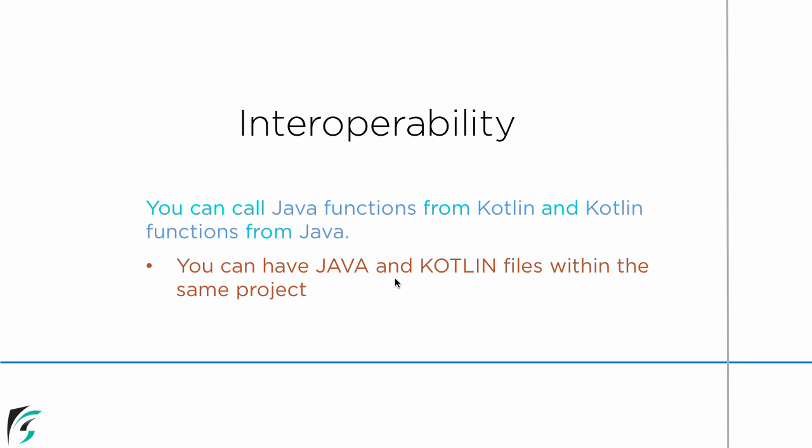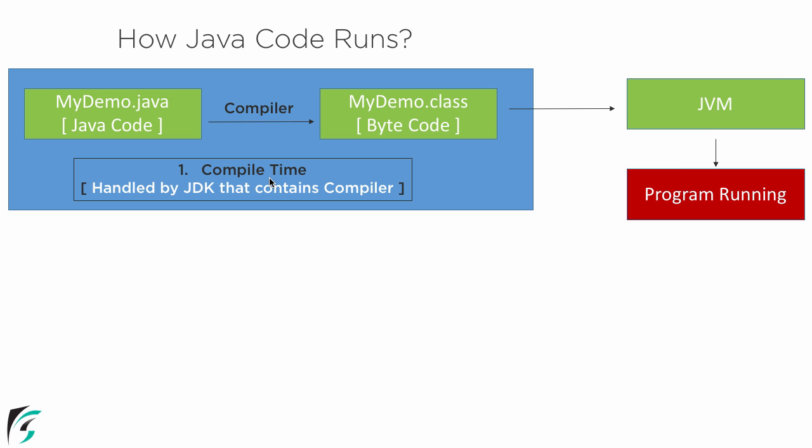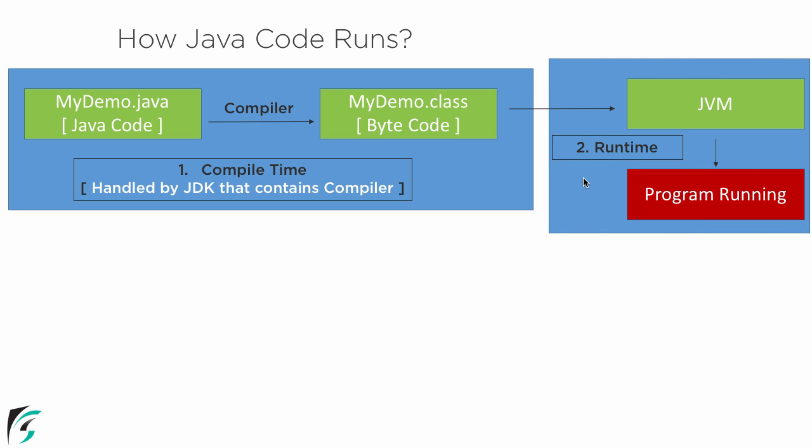So how does this work actually? For that you first have to understand how Java code runs. The whole process is divided into two parts. The first is the compile time and the second is the runtime. During compile time, the compiler converts your Java file that contains the Java code into bytecode.